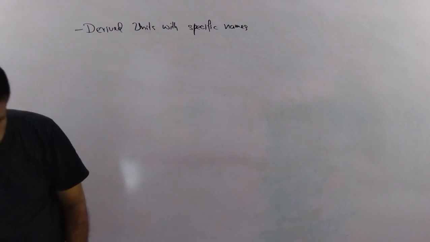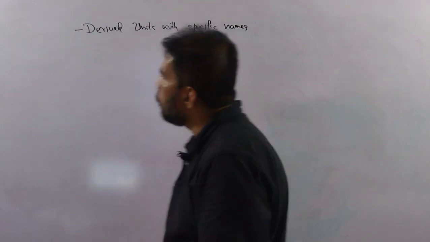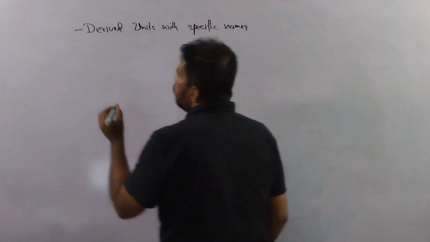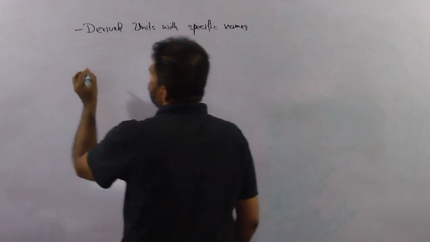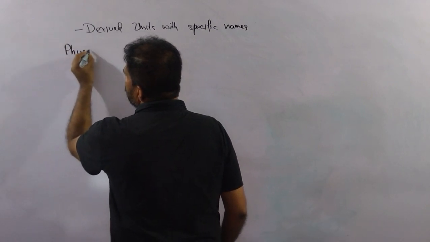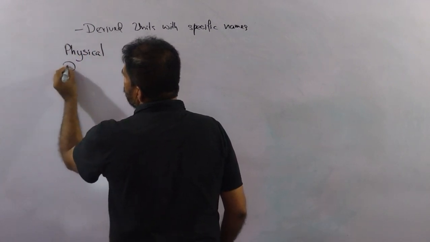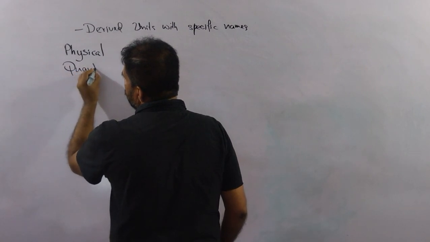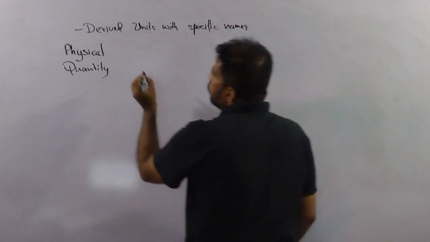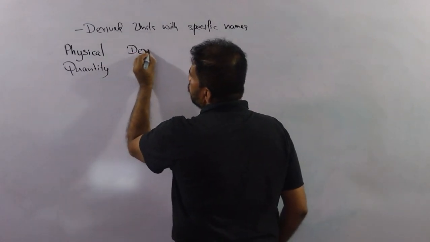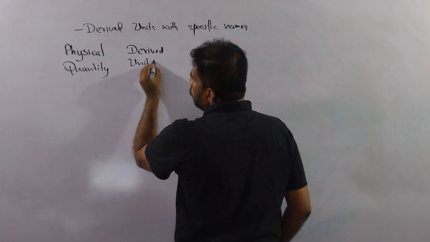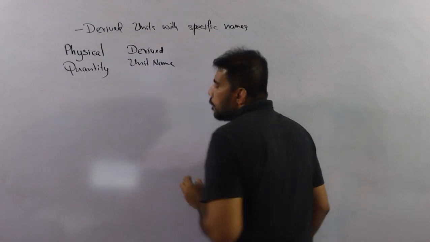For example, we'll write a chart like this: physical quantity, then derived unit name, then derived unit symbol.